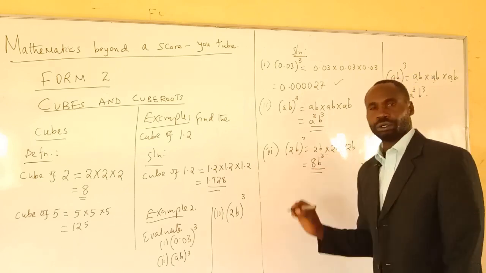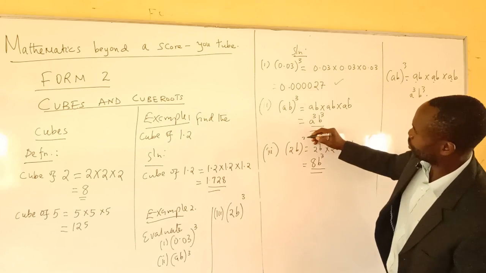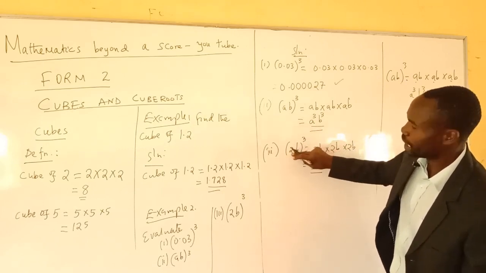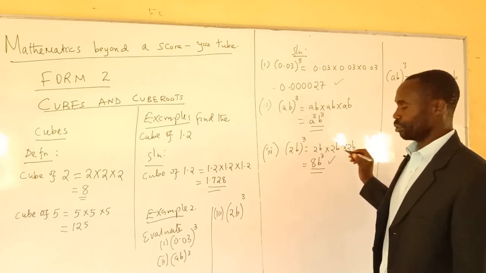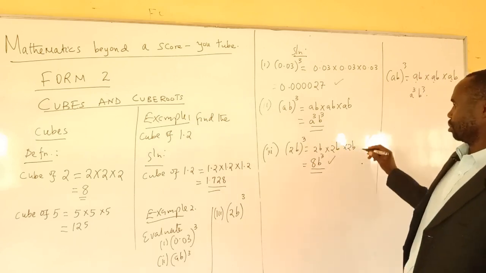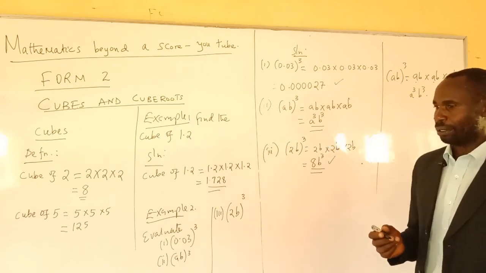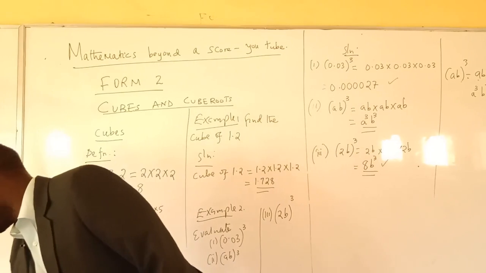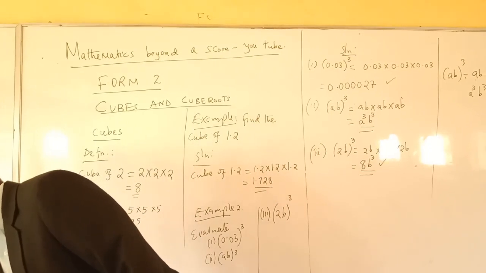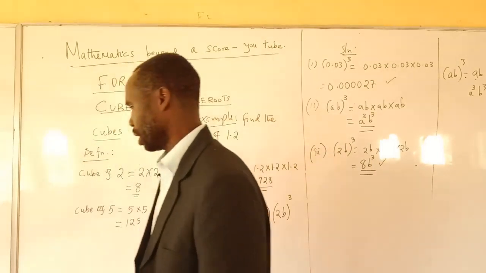When you are alone, my students, to open this is easy. You cube here, which is 8, and you cube here, which is b cubed. But when you are doing your examinations, you must show the 2 steps. That is a very sweet one.